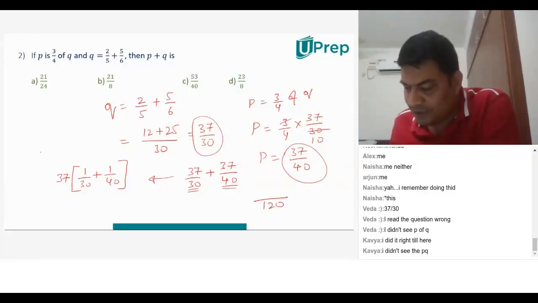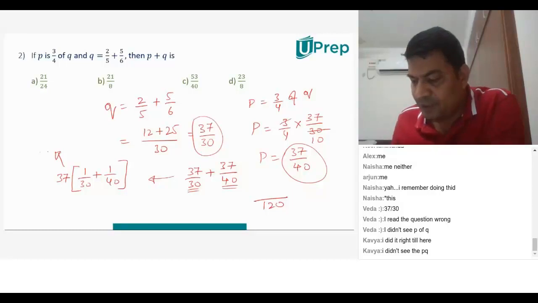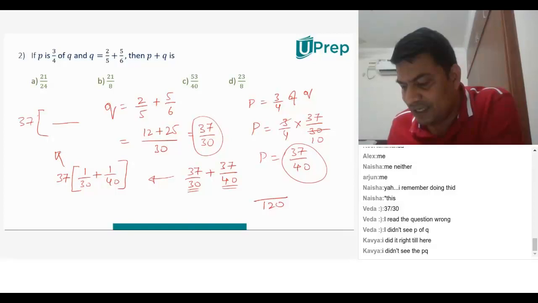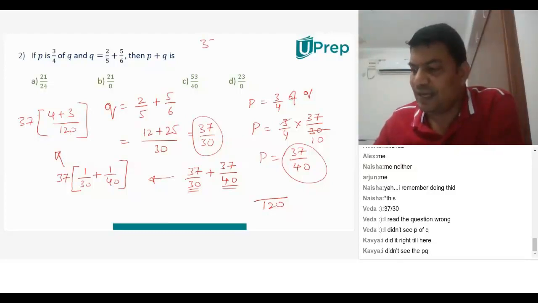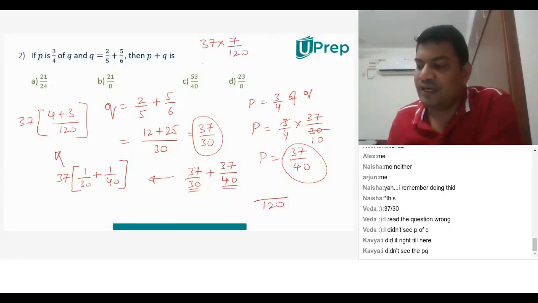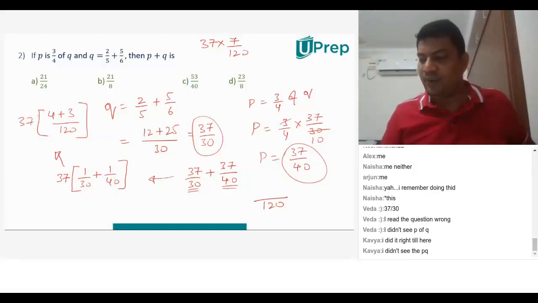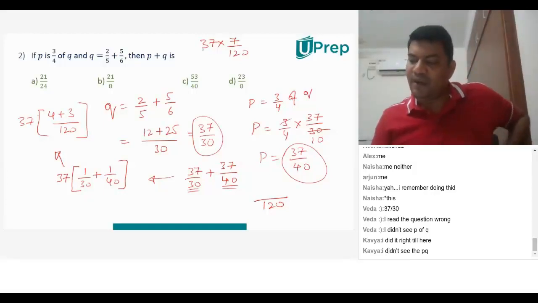Now 1 by 30 plus 1 by 40, basically it's 120. 4 ones are 4 plus 3 ones are 3. So 4 plus 3 by 120. So your answer will be 37 times 7 by 120. What is 37 into 7 by 120?